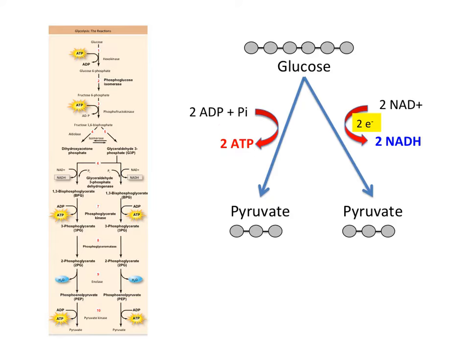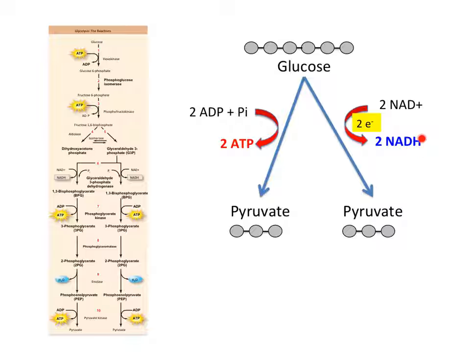And the other big thing that happens is you have electrons being transferred from the glucose molecule into electron carriers. So you have NAD+ being reduced as it gains a pair of electrons. It becomes NAD-, and then a proton binds to it, so now it is NADH.